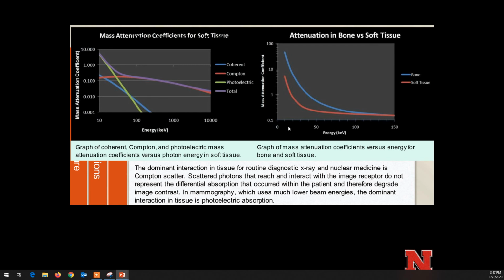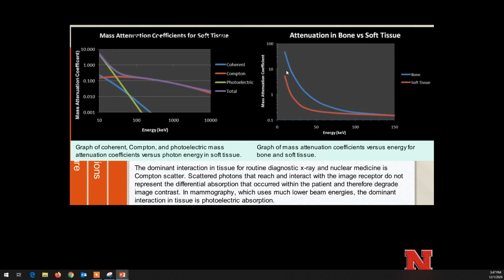If you look at different materials and how they attenuate the X-ray beam, at any given energy, bone is going to attenuate more of the incident X-rays than soft tissue, right? It's more dense, has a higher linear attenuation coefficient, so at any given energy it's going to attenuate more, but the effect is much more pronounced at these lower energies.